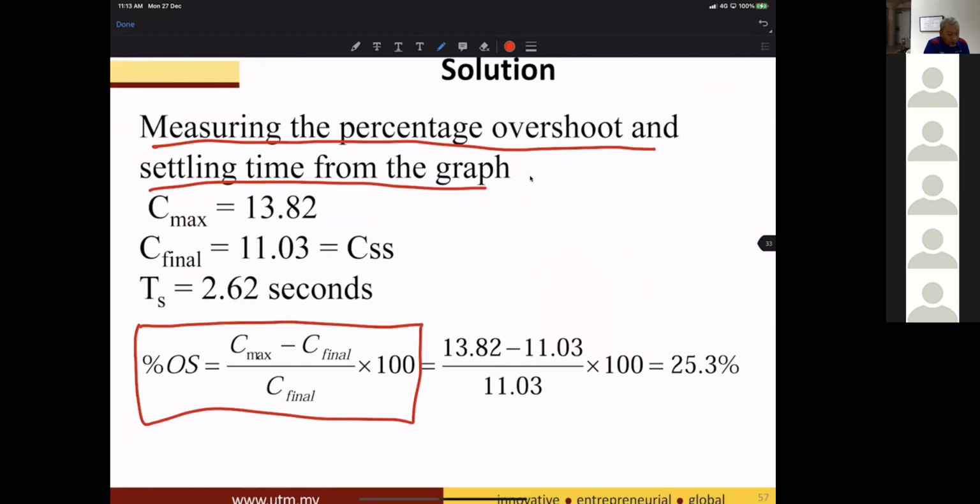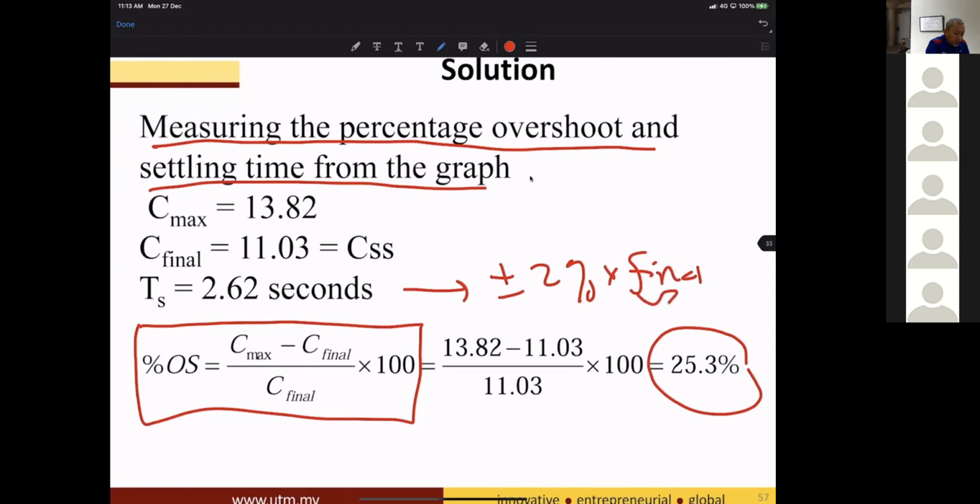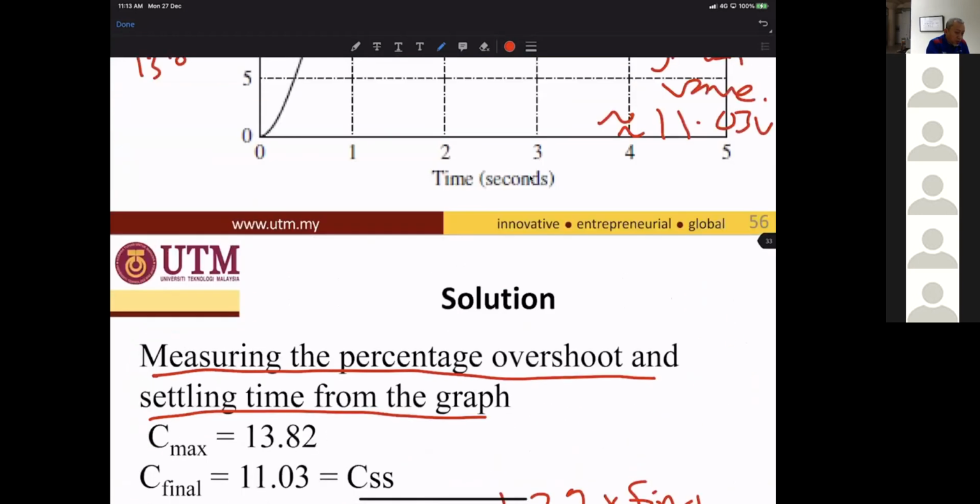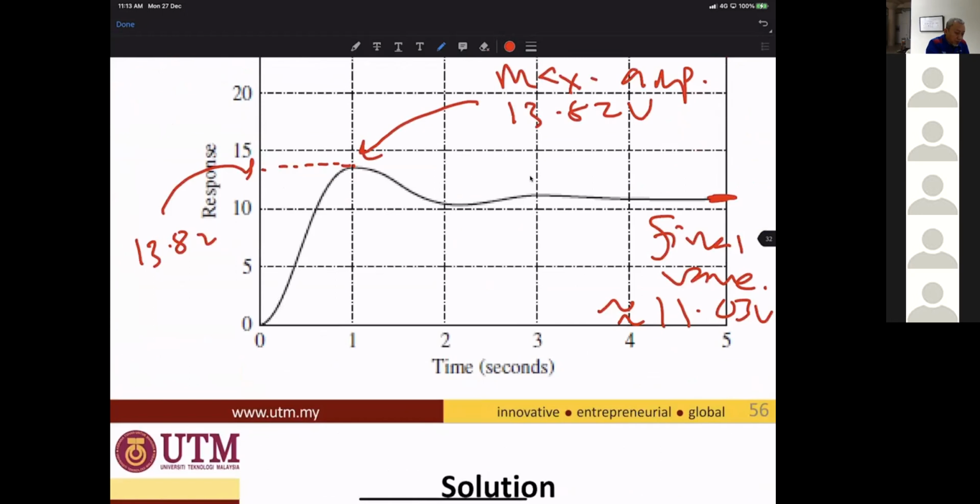So 13.82 minus 11.03 divided by 11.03 multiplied by 100, which is 25.3%. The settling time is plus minus 2% of the final value, which gives you about 2.62 seconds. It is roughly about here.